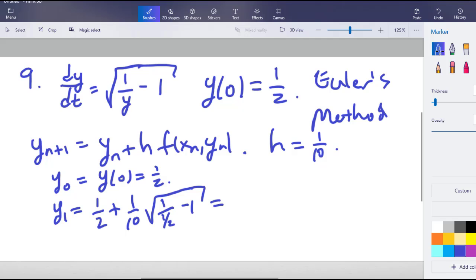Let's simplify this. 1 divided by 1/2 is 2. 2 minus 1 is 1. So we end up with 1/2 plus 1/10. 1/2 is 5/10. Plus 1/10 we get 6/10, which reduces to 3/5.